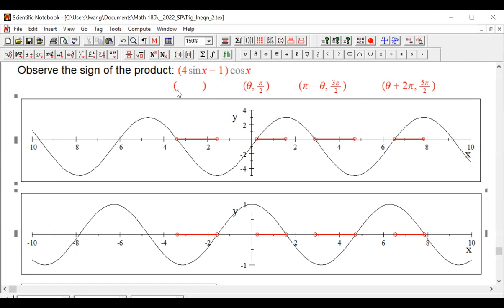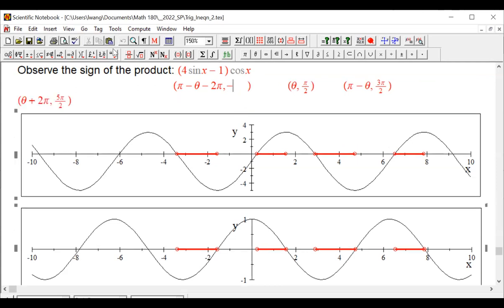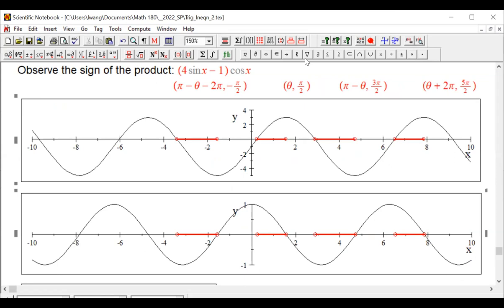What would that be? It's pi minus theta minus 2 pi, and on the other side is negative pi over 2. So that's one interval, that's another interval, solutions.